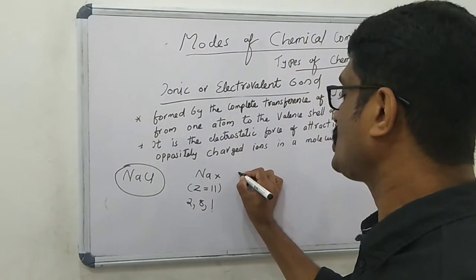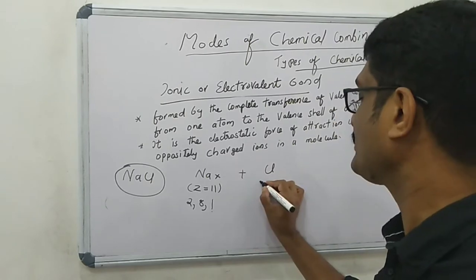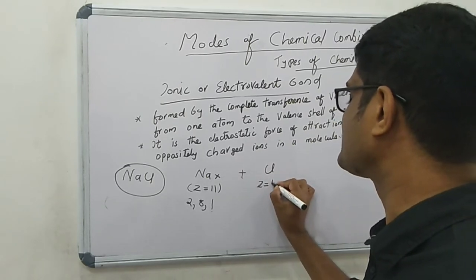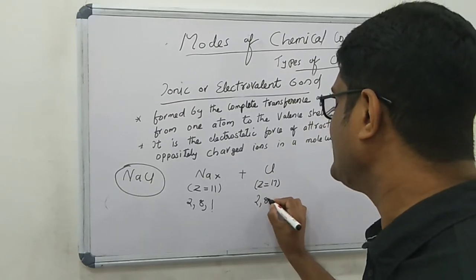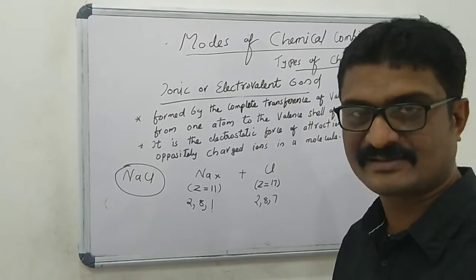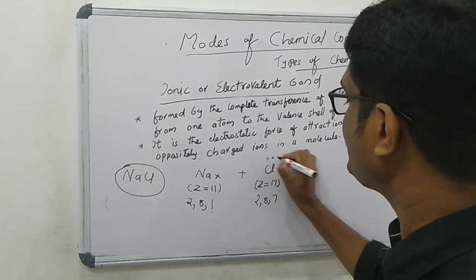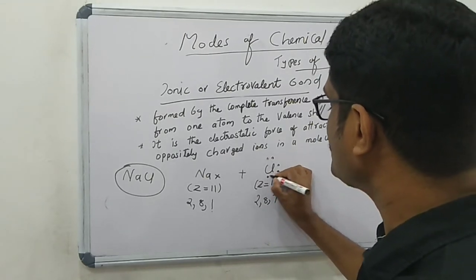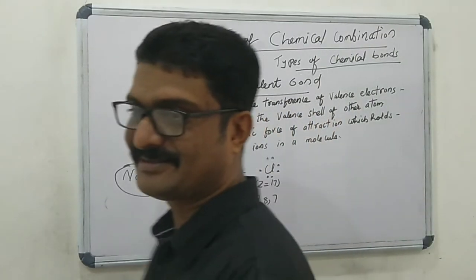Then sodium combines with chlorine. The atomic number of chlorine is 17 and its electronic configuration is 2, 8, 7. The chlorine atom has 7 valence electrons in its outermost shell.